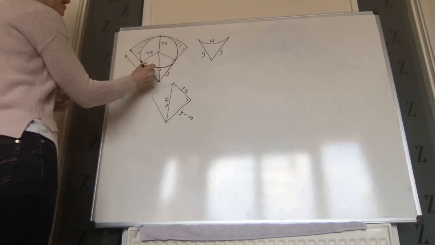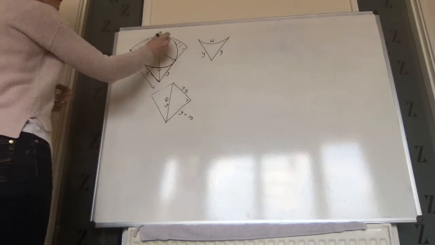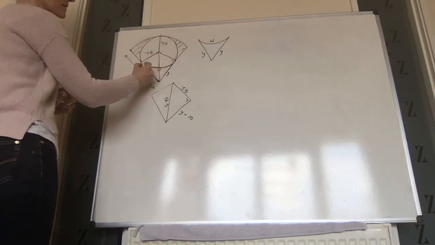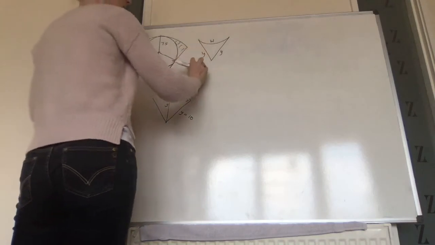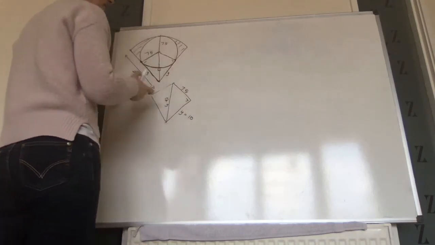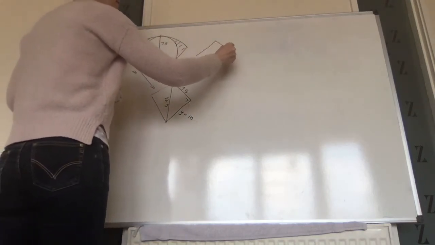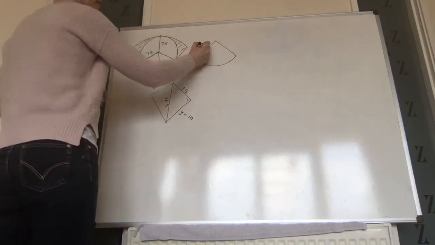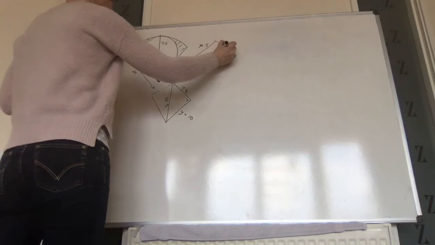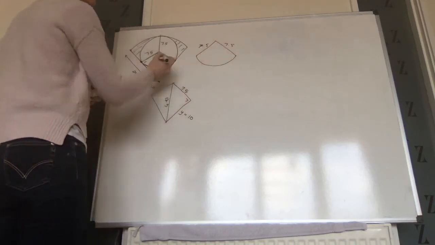Now this is an arc length of this circle. So here's the circle, there's the arc, the sector of the circle, that's 7.5, 7.5, and we want this length here.